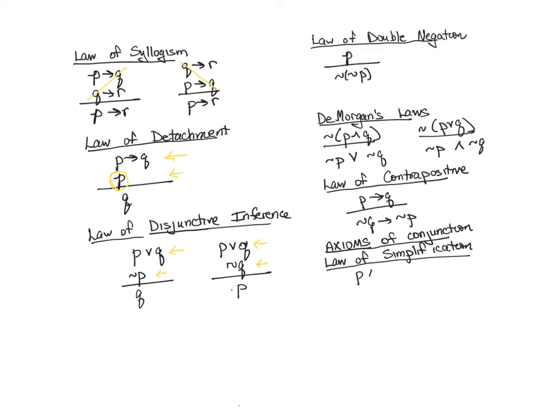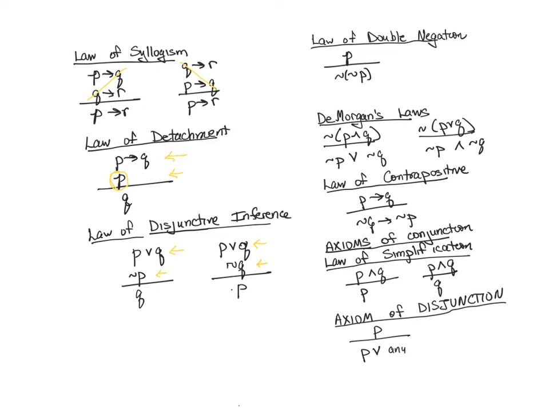If P and Q is true, then we could take out the P or we could take out the Q. And then there is another axiom for the disjunction, which we used in one of our proofs before. And this does not have a name. It says that if P is true, then P or any other simple statement has to be true. And that takes care of our laws.